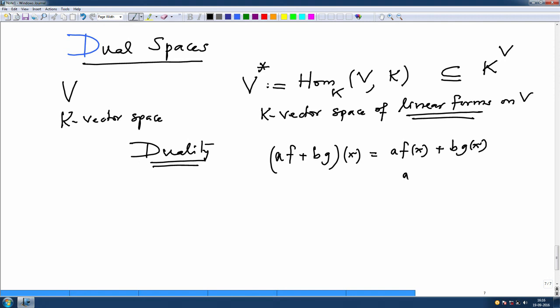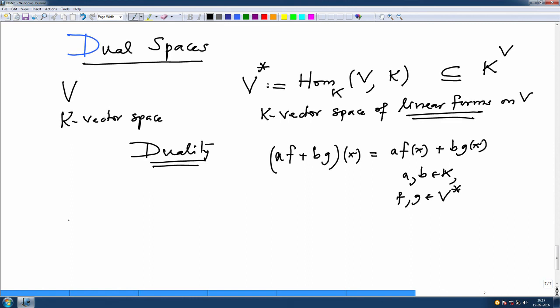This is for all scalars a, b, and f, g are linear forms, and this multiplication and this addition is happening in k now.